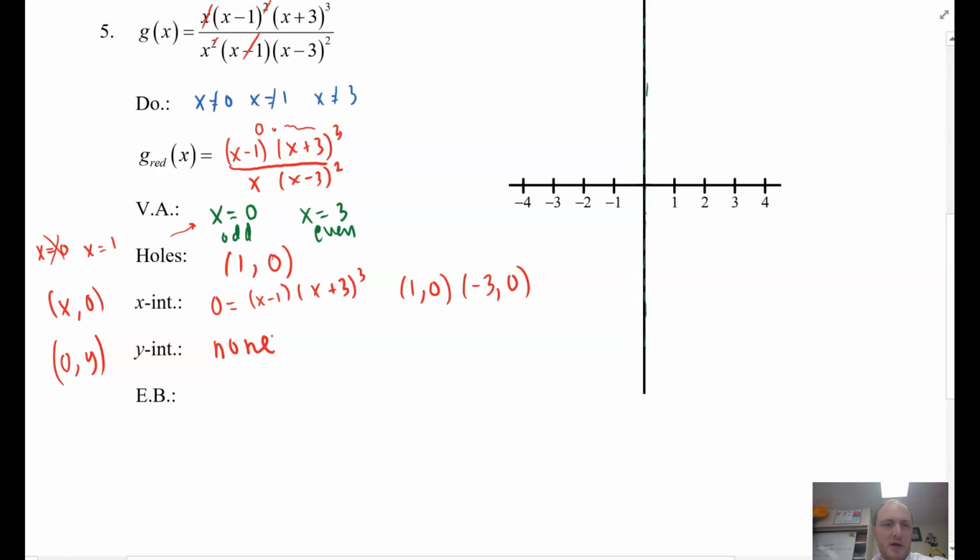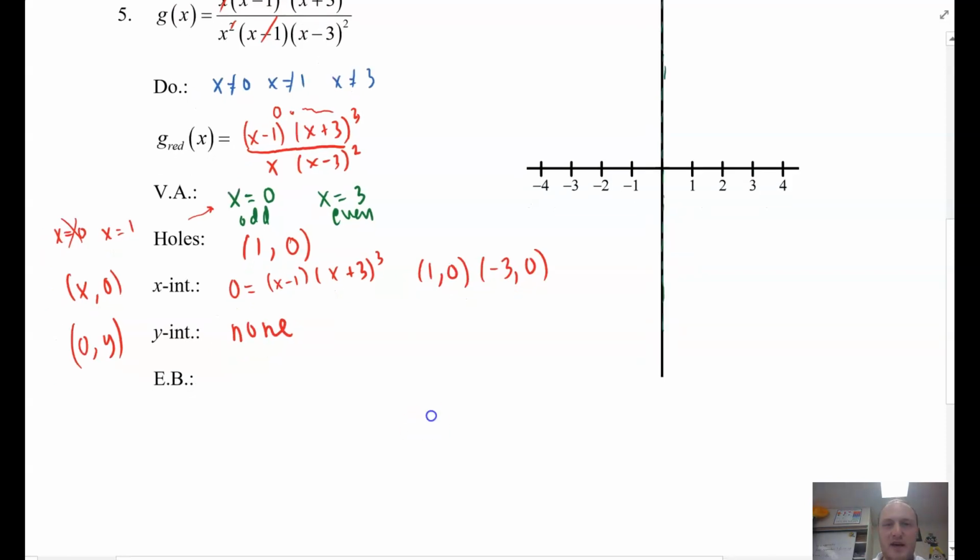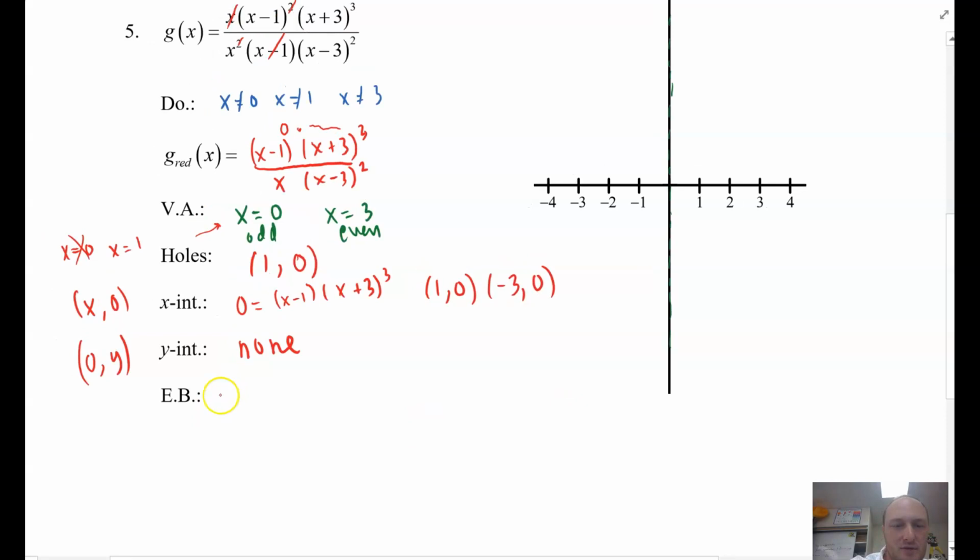Okay. And then last but not least, we have end behavior. So what is the limit as x approaches positive infinity for my function, which is x minus 1 times x plus 3 cubed over x times x minus 3 squared.